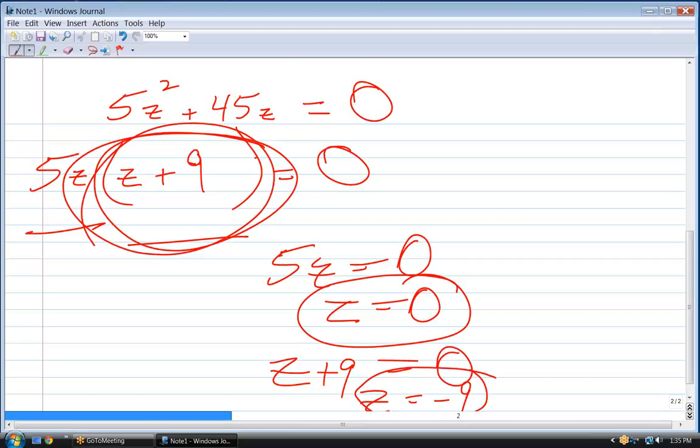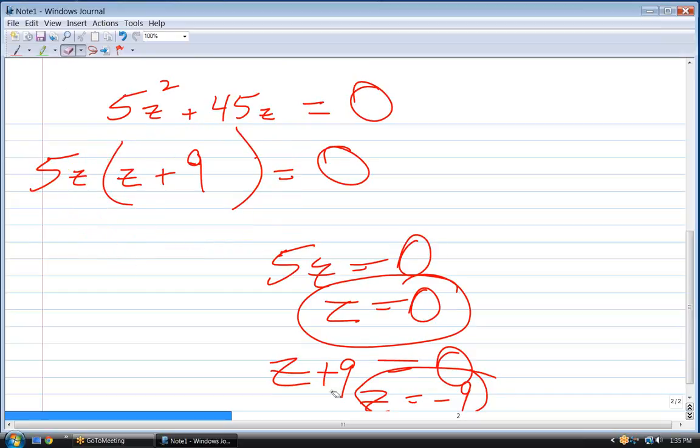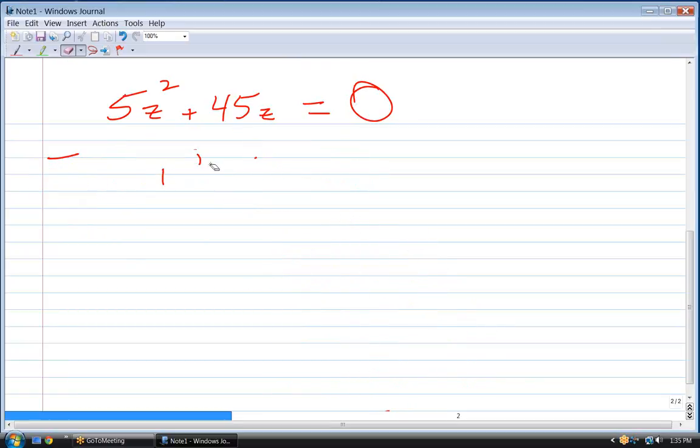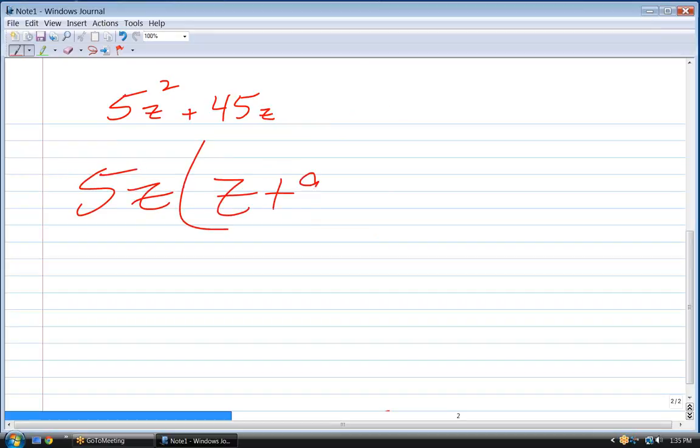Okay, that makes sense. It's a subtle distinction as to whether you start with an equation or an expression. If I start with just that expression and I say factor it, it's 5z times z plus 9. That's the answer.